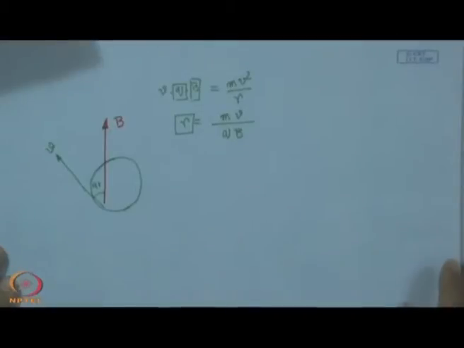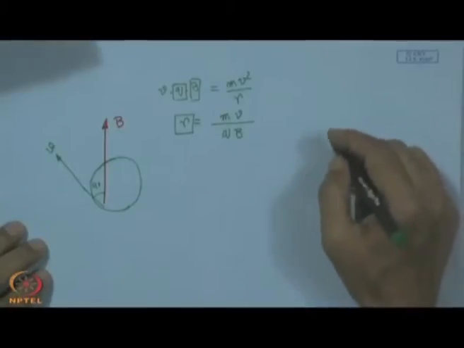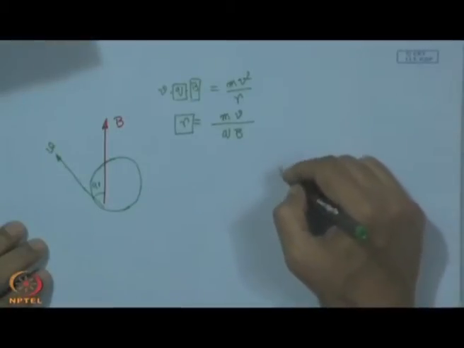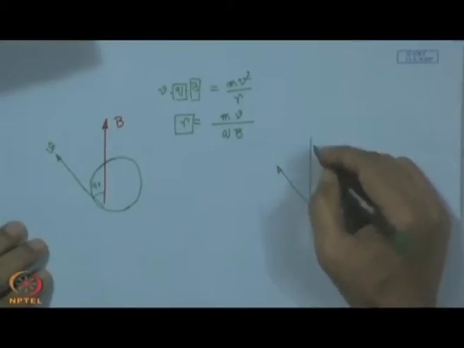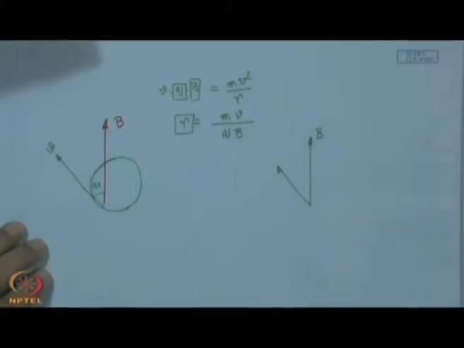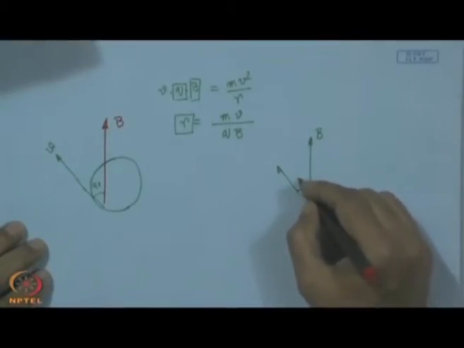Now, there can be another situation where they are not necessarily at right angle. That means we have this velocity, and then this is the magnetic field, and in between there is one angle theta.